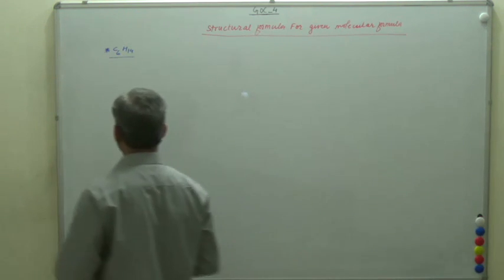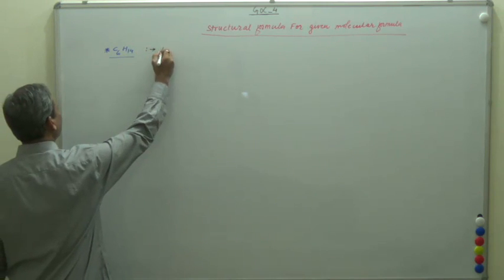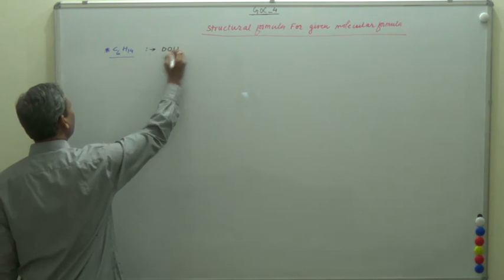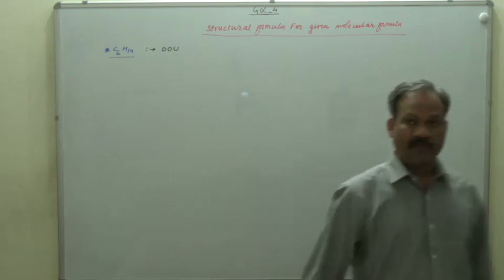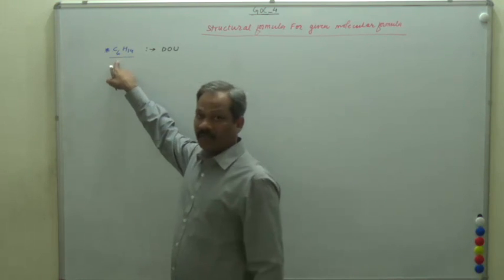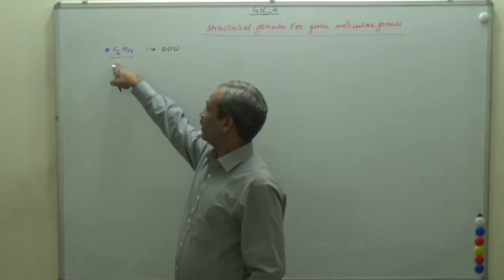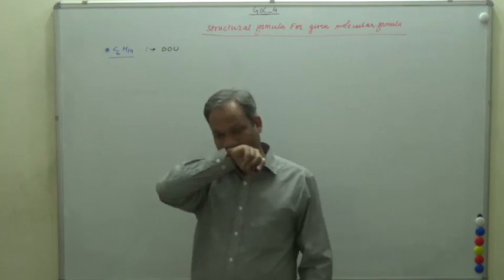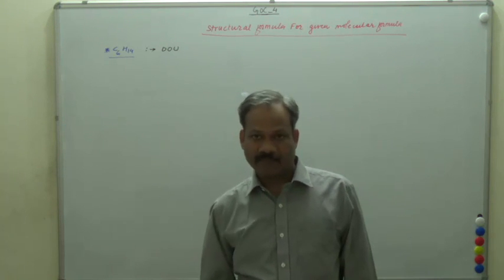Now in this molecular formula, first of all we will determine the degree of unsaturation. It is already in the corresponding hydrocarbon form, and for 6 carbon atoms the formula of the corresponding alkane is C6H14.